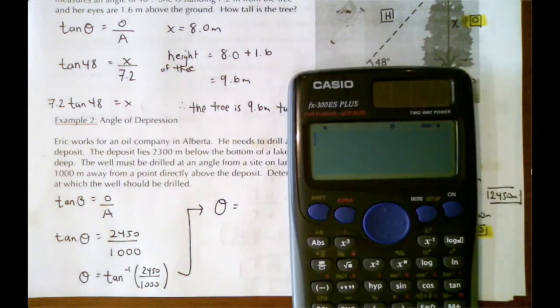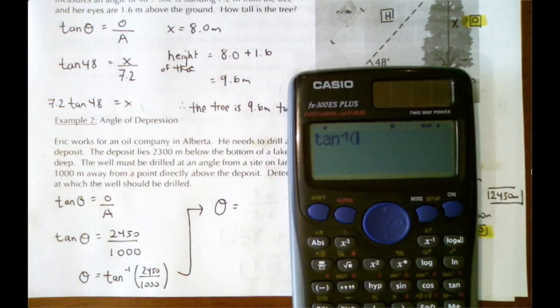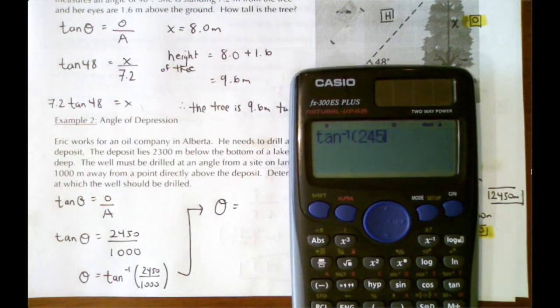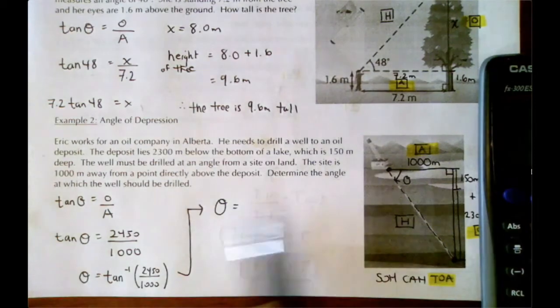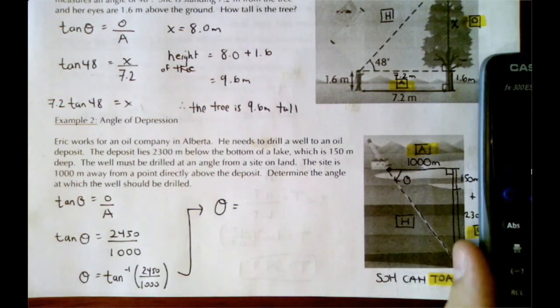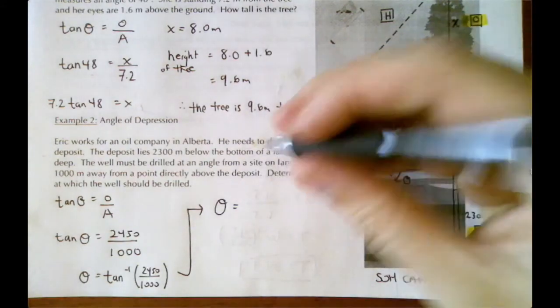Let's use our calculator. Second tan gives us tan inverse. 2450 divided by 1000. 67.79, and determine the angle. Doesn't say anything about decimal places, so let's say 67.8 degrees.